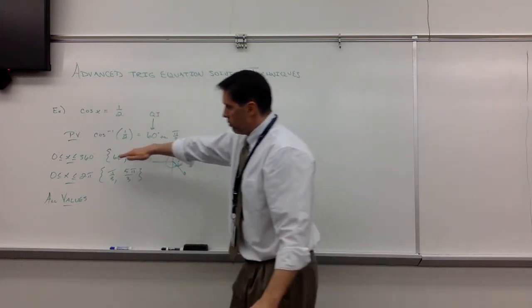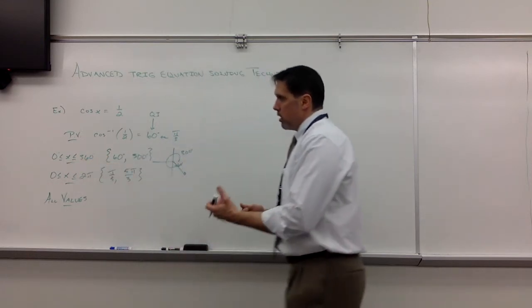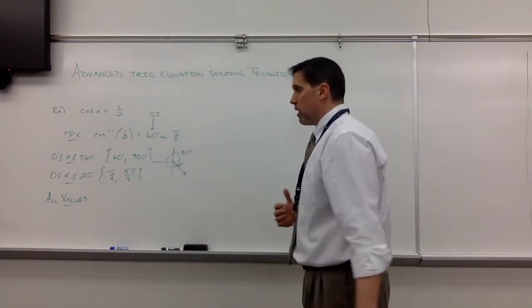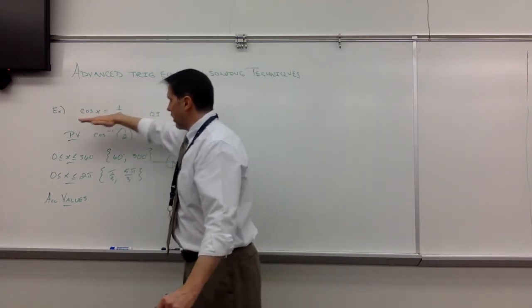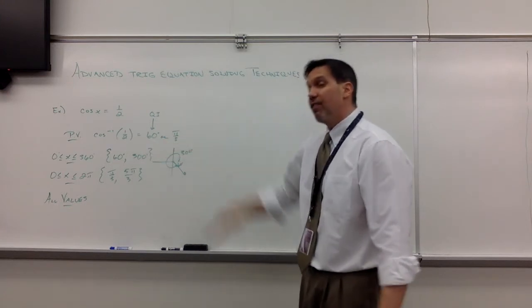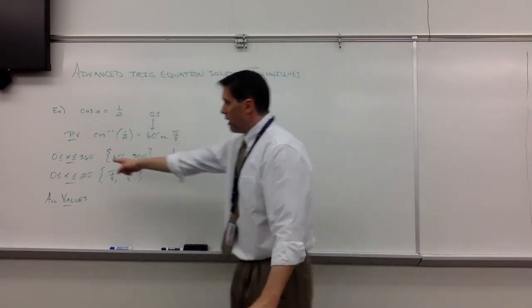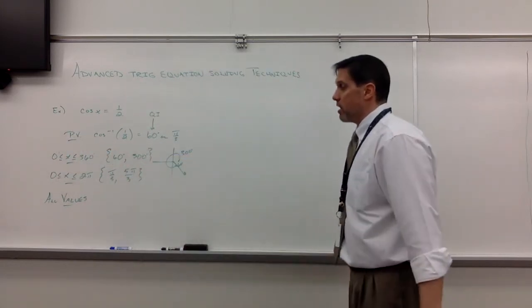Now, keep in mind the reason we originally restricted this between 0 and 360 is because we saw there are infinitely many solutions to an equation such as this. Where is the cosine graph going to hit the horizontal line y equals 1/2? Well, it's going to hit it infinitely many times. So that's why we had to restrict how we wanted our solution, because there's just too many answers to list.